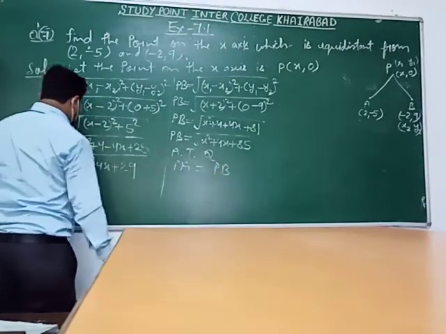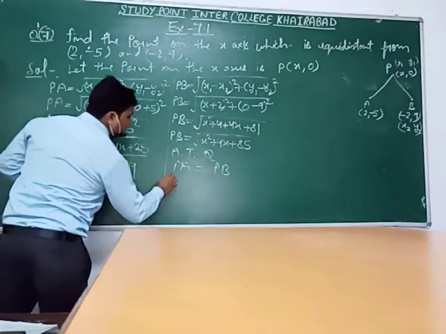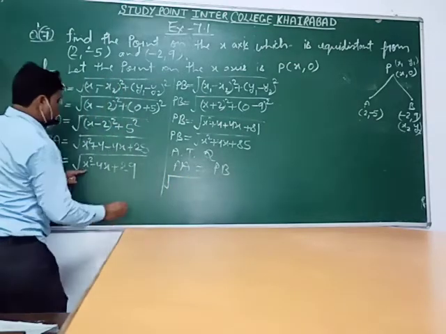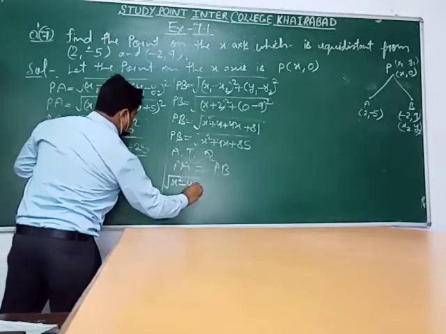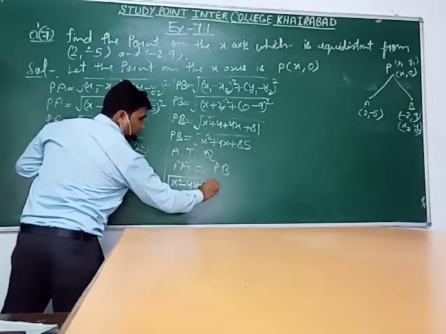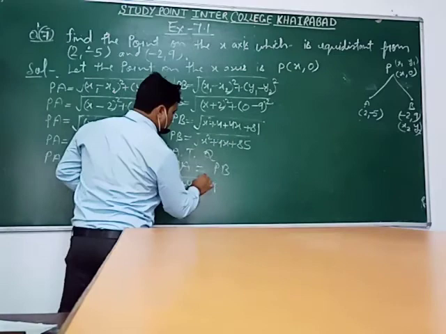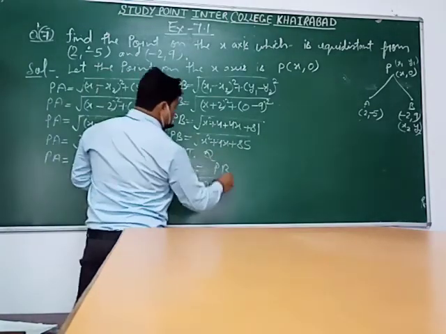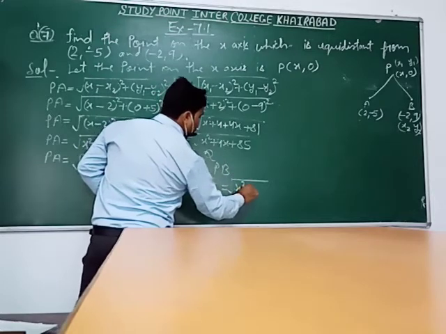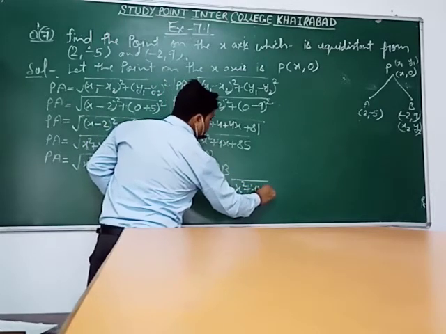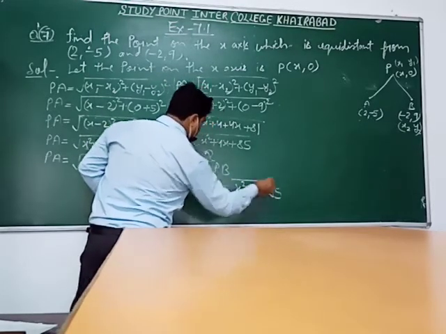So PA is the square root of x square minus 4x plus 29, and PB is the square root of x square plus 4x plus 85.